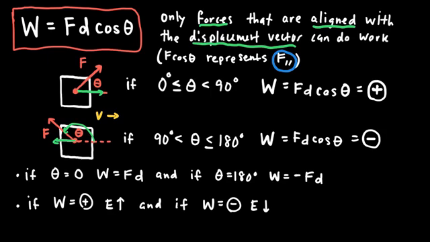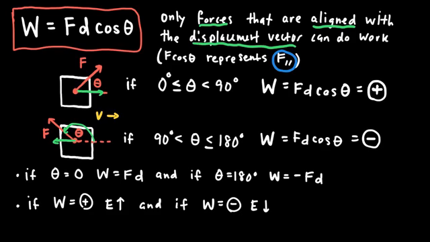If you plug an angle bigger than 90 into a cosine, you'll find the result is negative. For that reason, the work done by a force directed more than 90 degrees away from the displacement vector is negative.